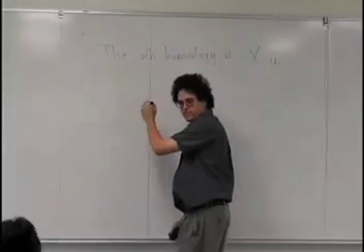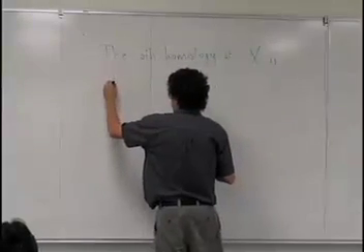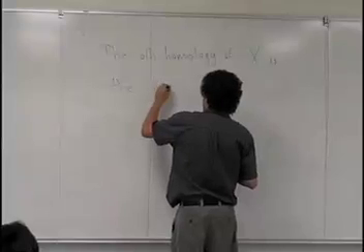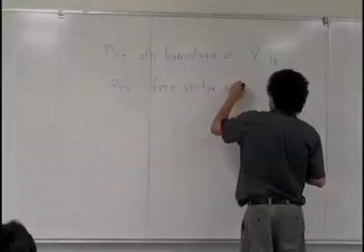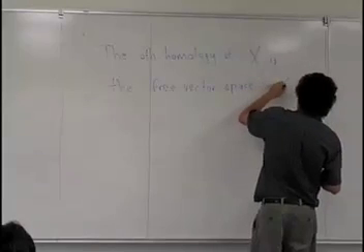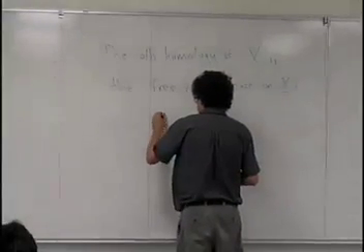Sorry, what did you say? Free on X bar, that's right. It's the free vector space. You all know this one. We gave it a name. The free vector space on X bar.